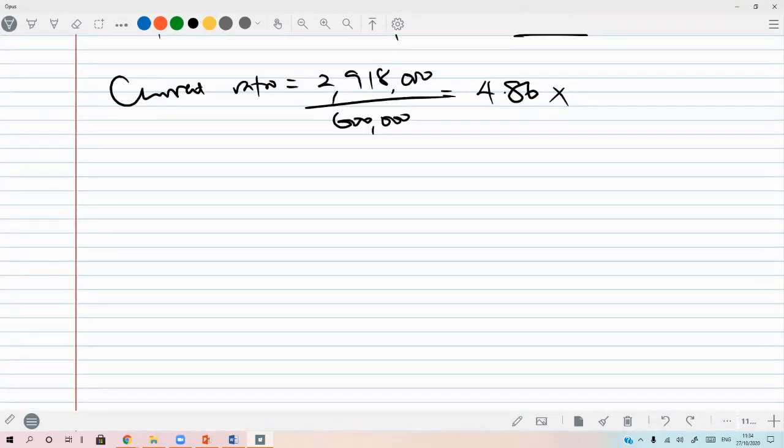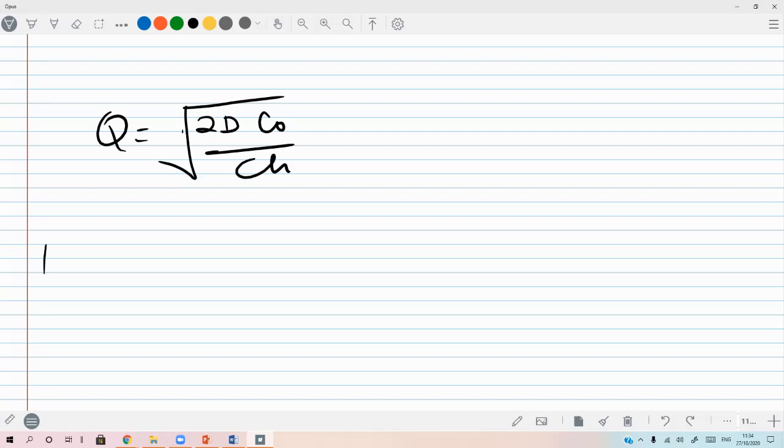If you remember the EOQ inventory management model, Q is equal to the square root of 2 times annual demand times cost per order divided by the holding cost per unit per year. Under the Baumol model, we pick the same Q. Q will be equal to 2 times the annual demand of cash.